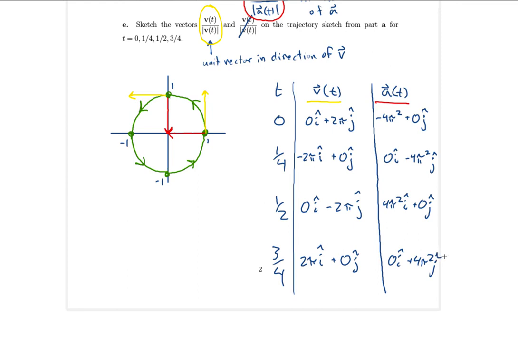And so that gives me a velocity vector here that looks like that, a velocity vector here that looks like that, and then my acceleration vector is pointing in toward the middle.